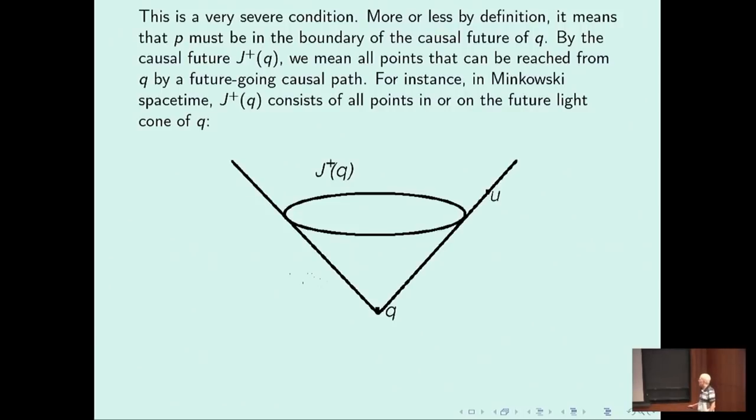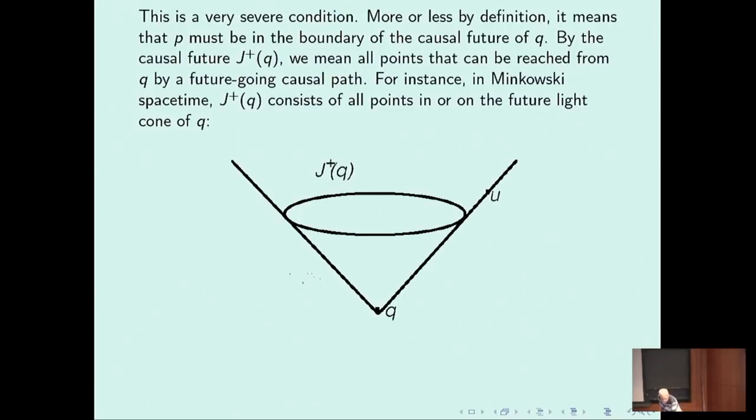So a causal path from Q to someplace inside the future light cone is not prompt. But if I take a point U that's on the future light cone, then slightly to its past you're outside the future light cone, and you can't get there by a causal path from Q. So a causal path from Q to a point on the future light cone is going to be prompt. And it's also going to be unique. It'll be a null geodesic.